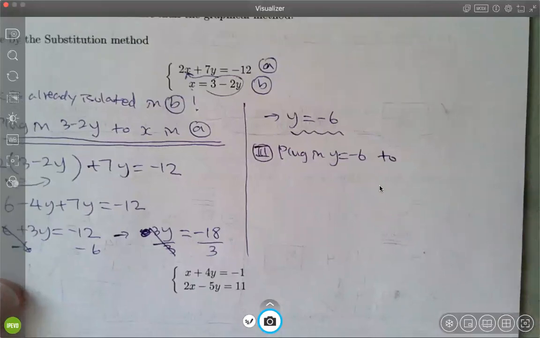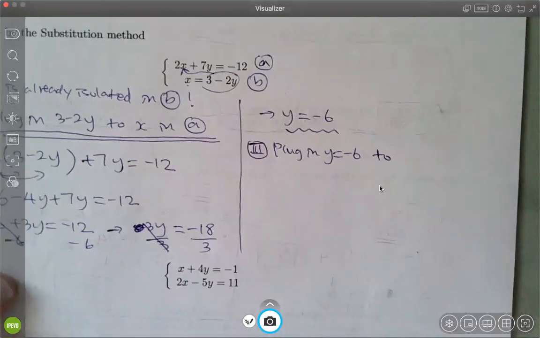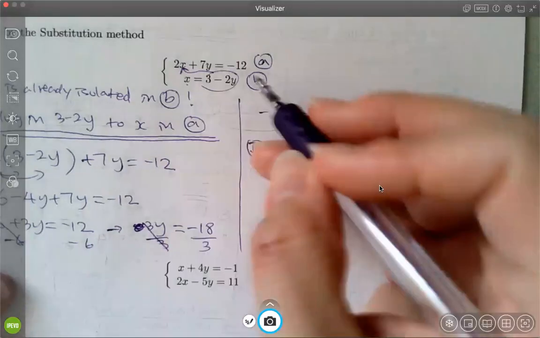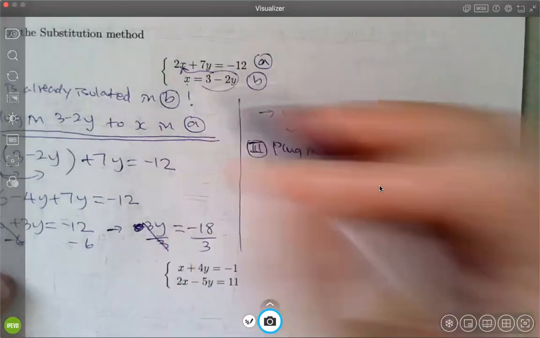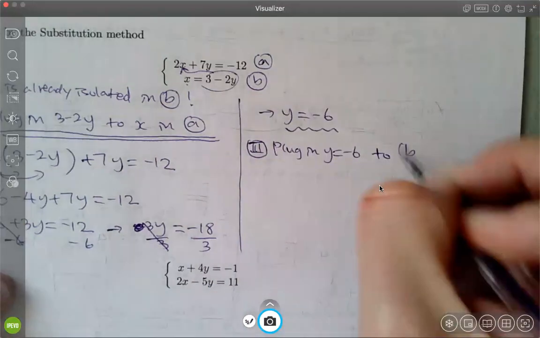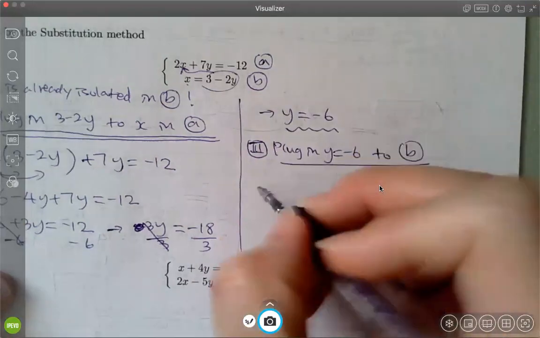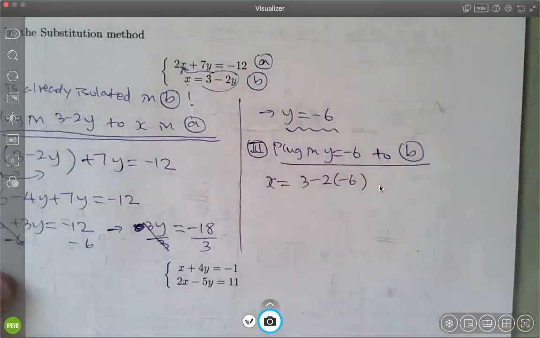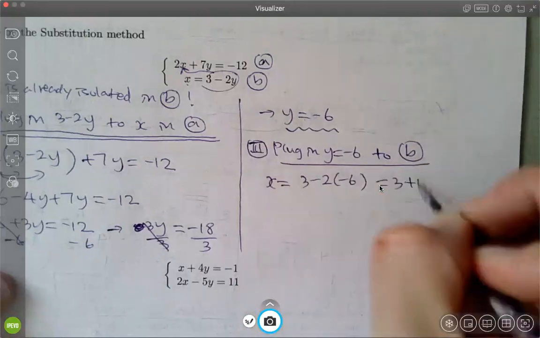A or B? B, right? Because here not only are the numbers smaller, but x is already isolated. So x is equal to 3 minus 2 times negative 6. That's 3 plus 12, which is equal to 15.